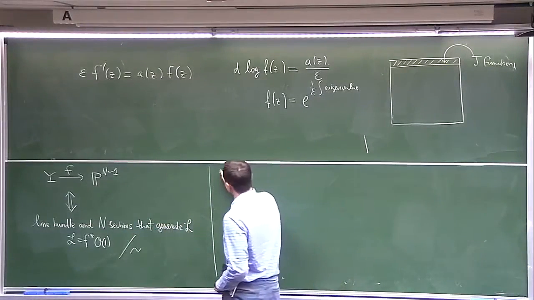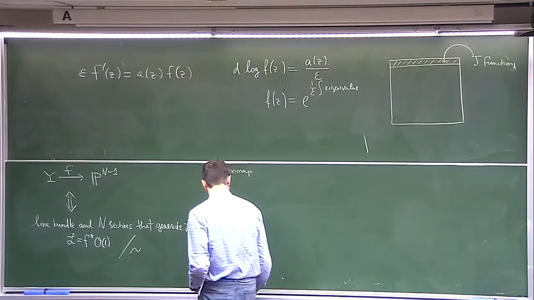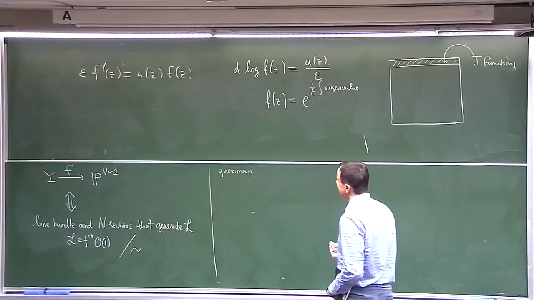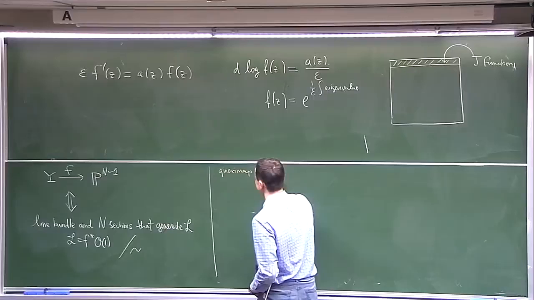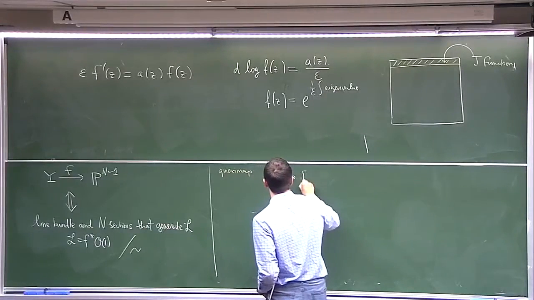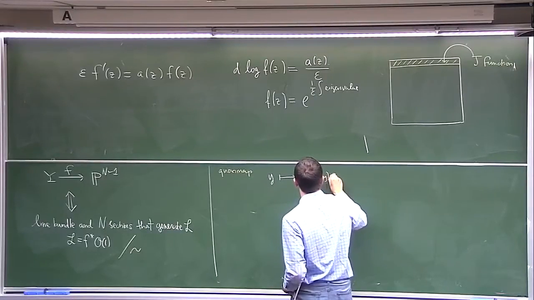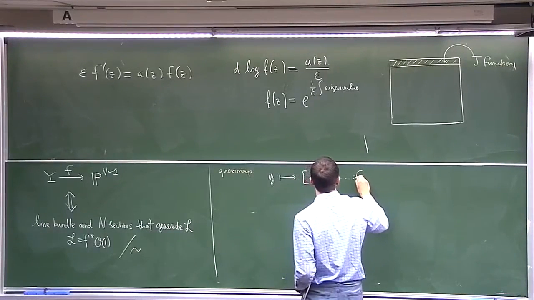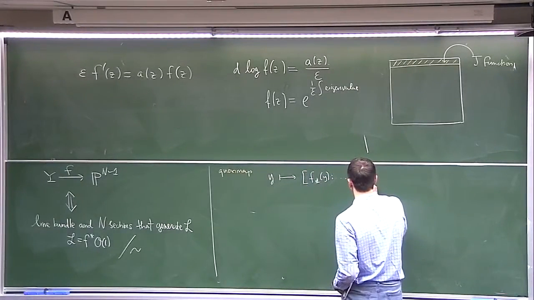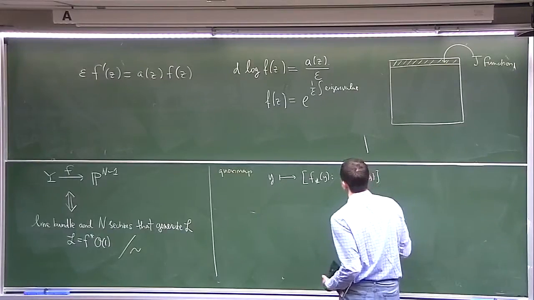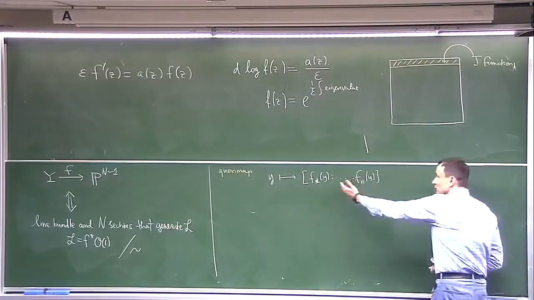And so a quasi-map, in pedestrian terms, is just an n-tuple of polynomials. You take the point y, it goes to f1 of y through fn of y, which now, however, are allowed to simultaneously vanish.